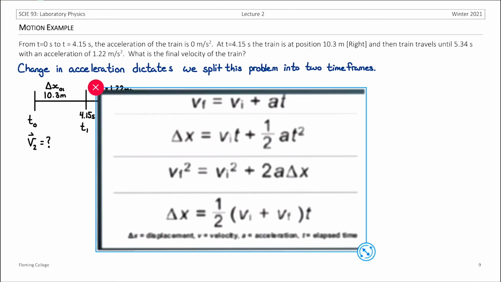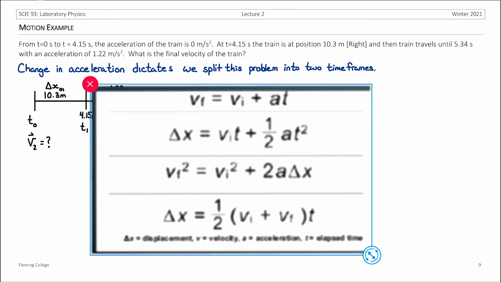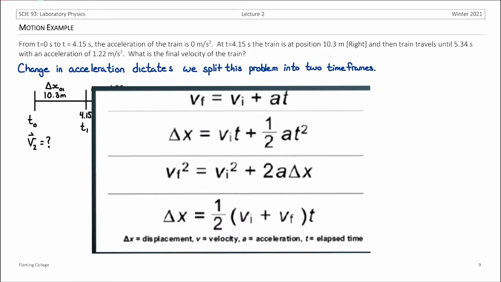Now we need to go back and look at our equations of motion and try to determine which equation is useful. From the last slide, remember, we're trying to choose an equation here where only one piece of information is unknown.